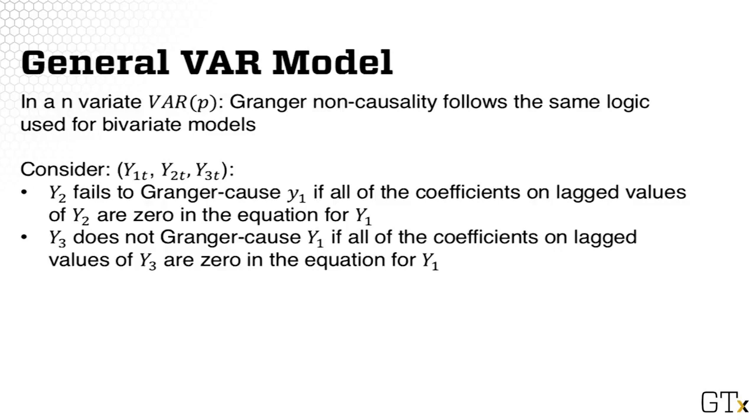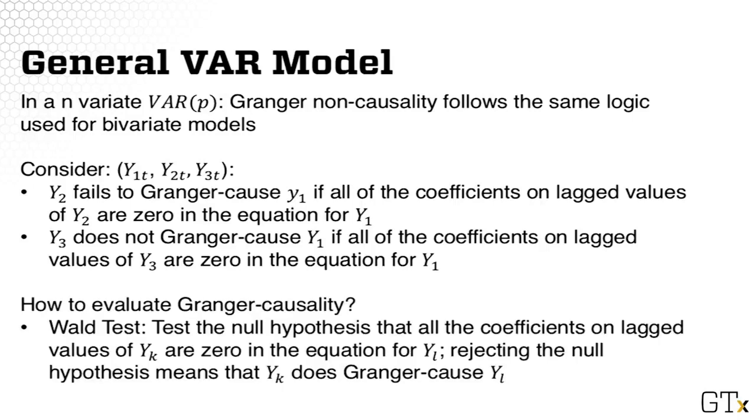We say that Y2 fails to Granger cause Y1 if all the coefficients on lagged values of Y2 are 0 in the equation for Y1, and that Y3 does not Granger cause Y1 if all of the coefficients on lagged values of the third time series Y3 are also 0 in the equation for the first time series Y1. It is possible that only one of the two time series Y1 or Y2 Granger causes Y3, both, or none.